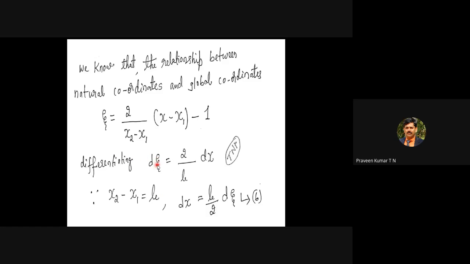So finally we get d xi. Finally we require dx. Dx is given by Le by 2 into d xi, where x2 minus x1 refers to the length of the element. The x coordinate of node 1 is x1, and the x coordinate of node 2 is x2. X2 minus x1 gives the length of the element, which is constant; you can take it as Le.